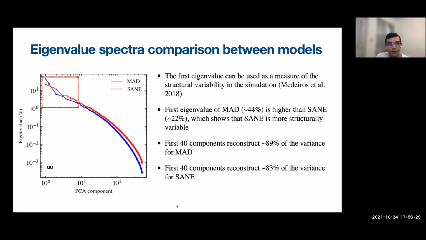And so here what we are seeing is that since MAD had a higher first eigenvalue than SANE, this means that SANE is more structurally variable than the MAD type models. And so it will be much more difficult to reconstruct images using this method for the SANE type models than what we can do for the MAD type models.